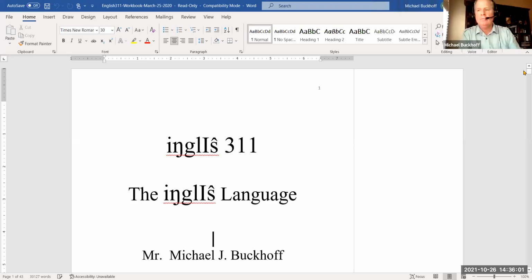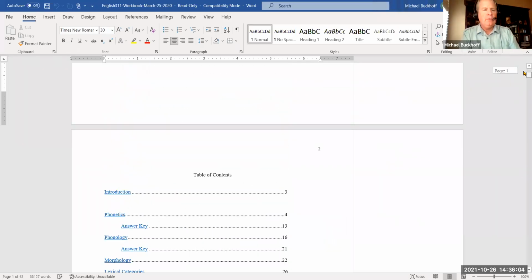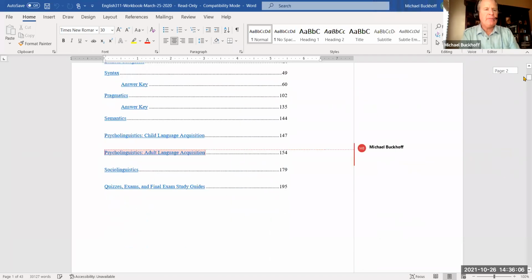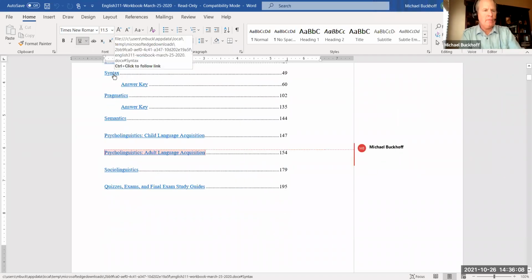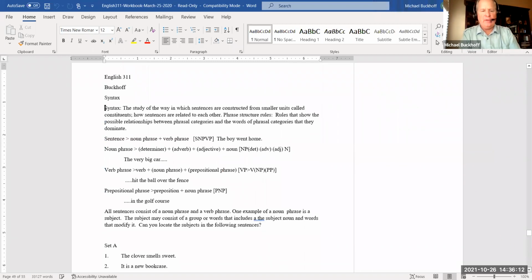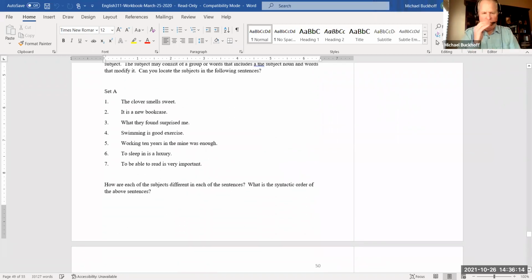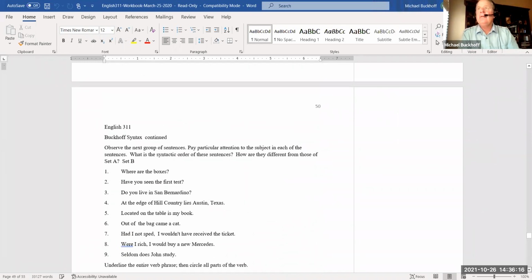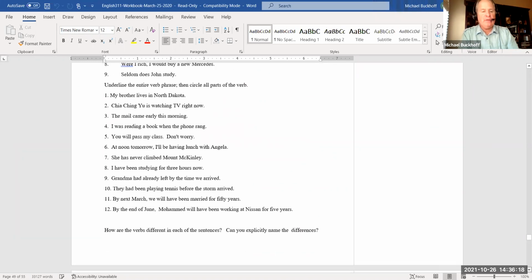Okay, let me share my screen. Let's get started with today's lecture. So we're focusing on syntax, and specifically, we're getting into what's called transformations.